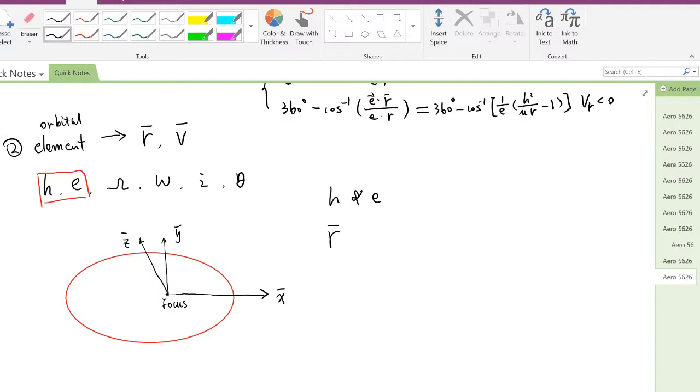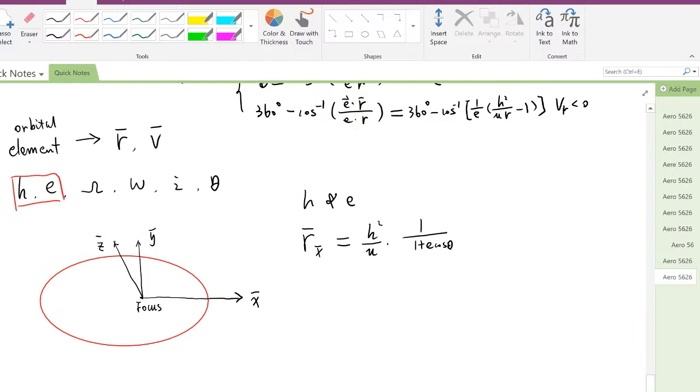The vector r in the perifocal frame, to make it different from the r in the geocentric frame, we assume this is r x bar, and it's expressed as h squared over mu, times 1 divided by 1 plus e cosine theta. This is the magnitude of r in the perifocal frame, and then later we have cosine theta.